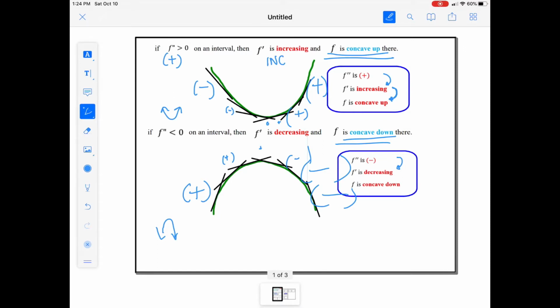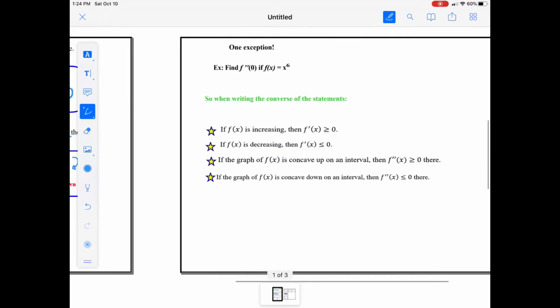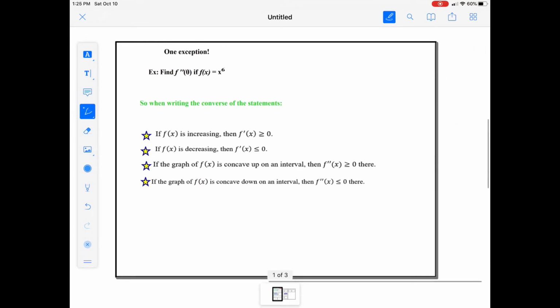So let's talk about the converse. You might remember these from your conditional statements. The only thing that's different is that if I now refer to my function increasing, what that tells me is my first derivative is either positive or it could actually be 0.